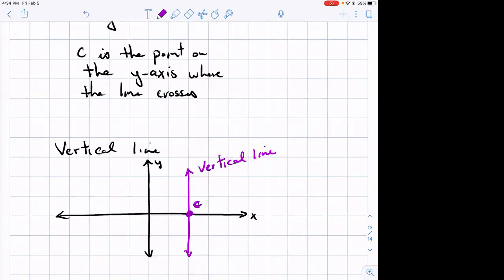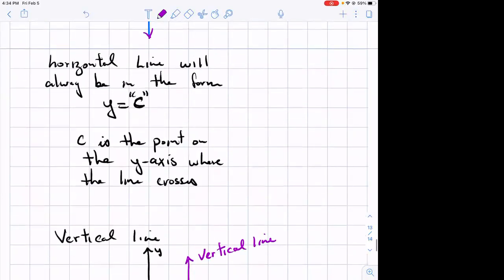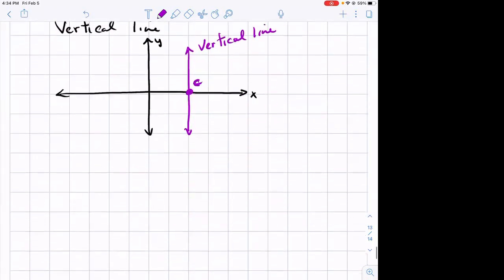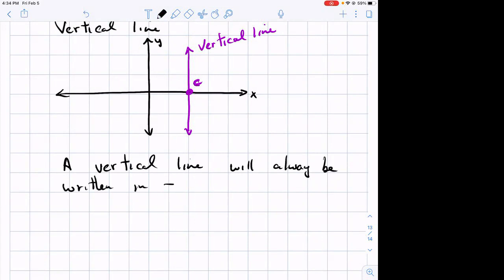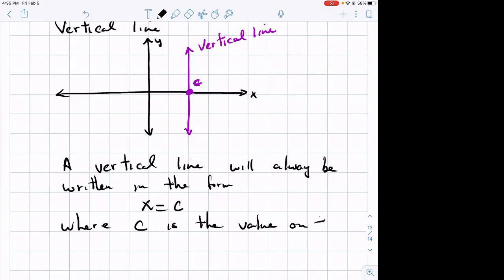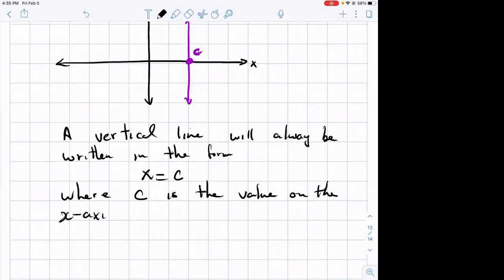Let's say that point is C. So the same thing we can say: a vertical line will always be written in the form x equals c, where c is the value on the x-axis where the line crosses.